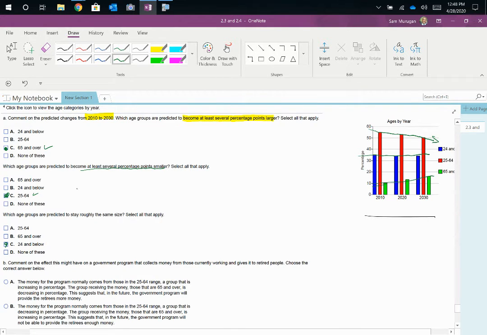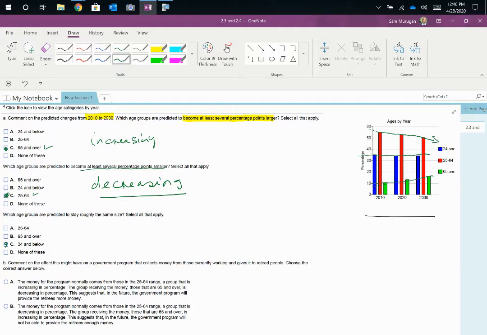So, the category with the older population is increasing, and the 25 to 64 category is decreasing. Now, income is going to come in from the 25 to 64 category, and that category is decreasing.